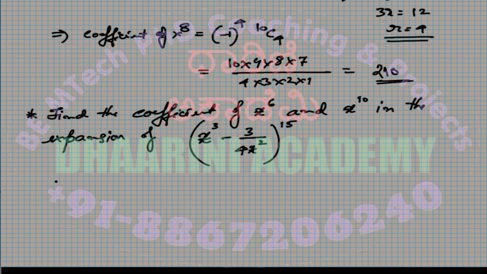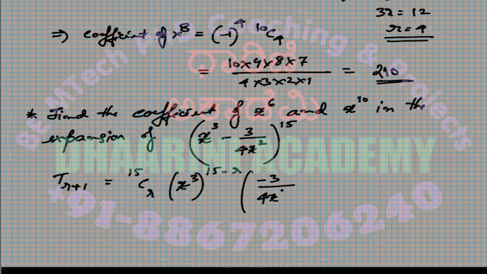So first we will write the tr plus 1. Okay. So tr plus 1 is equal to 15Cr multiplied by the first term, that is x cube raised to the power 15 minus r, into the second term, that is minus 3 by 4 x square raised to the power r. Okay, we need to simplify this.